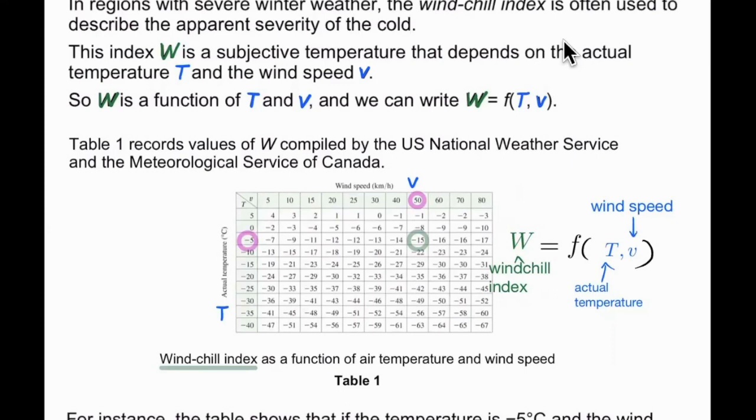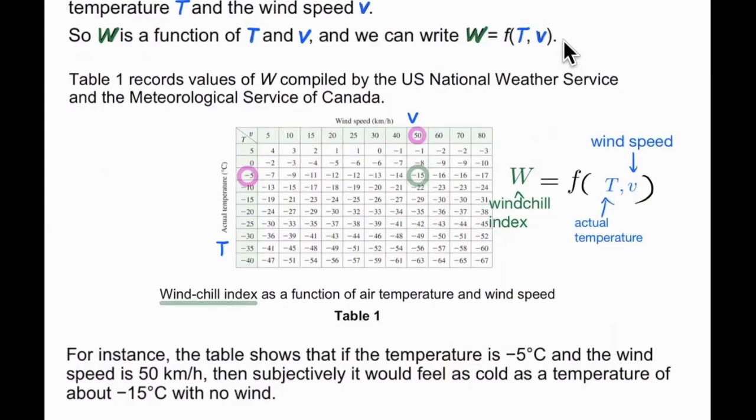The wind chill index, let's call that W, we can express as a function of two variables. The wind chill index is a function of T, which is the actual temperature that you can read from a thermometer, and also V, which is the wind speed.